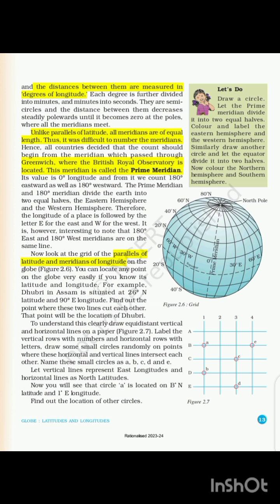So the Greenwich prime meridian is the 0 degree largest longitude on the earth that passes through the poles and divides the earth into western hemisphere and eastern hemisphere. Similarly, like latitudes, longitudes are also measured in degrees. So this is all about latitudes and longitudes.